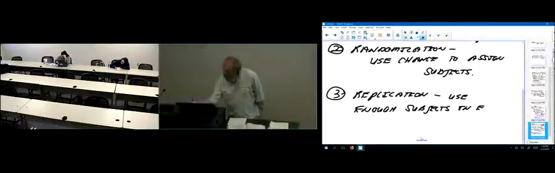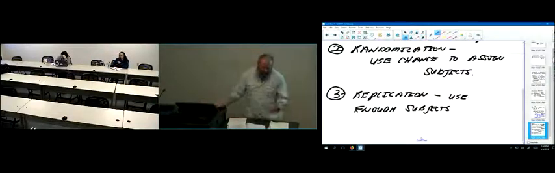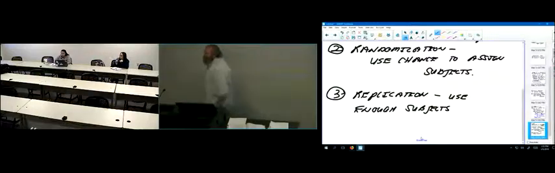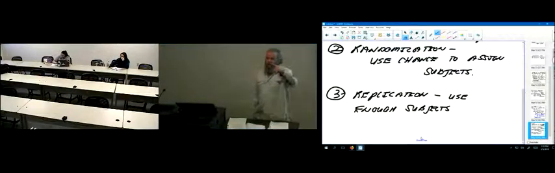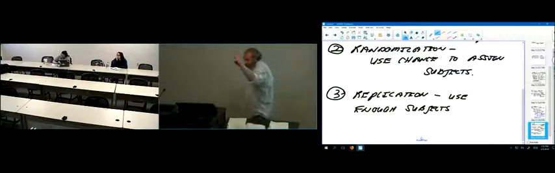I'm just going to leave it like that. I don't really get too carried away with what the rest of it says. Use enough subjects in each group to reduce chance variation in the results. In other words, be able to replicate what you're seeing. Be able to have enough subjects so that you can replicate your experiment over and over again so you see the same result every time. Those are your three principles of experimental design. Control through comparison, randomization, and replication.